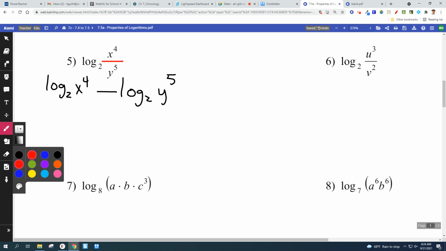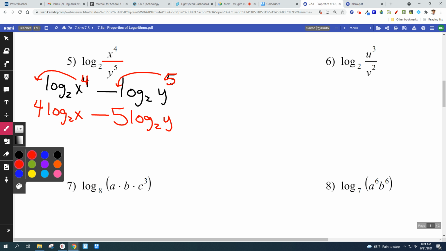But then we have that second thing that we just saw where we've got this exponent. This is power of powers. And that exponent is going to wrap around to the front. And so to simplify this, we're going to put 4 log base 2 of x minus, and guess what? This is going to do the same thing. It's going to go around to the front of this log. 5 log base 2 of y.